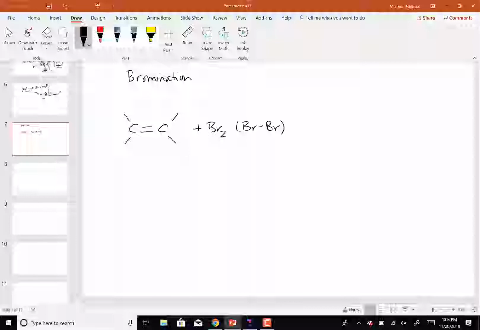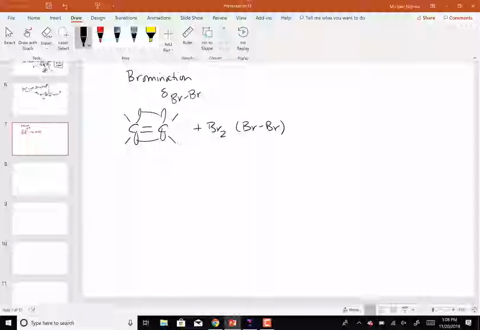So first of all, you might say, okay, Br2, I don't see any positive charge there. The double bond we know is a nucleophile, so how's this going to work? Remember that in the pi bond there is that cloud of electron density. When the Br2 molecule gets close to that cloud of electron density, it polarizes.